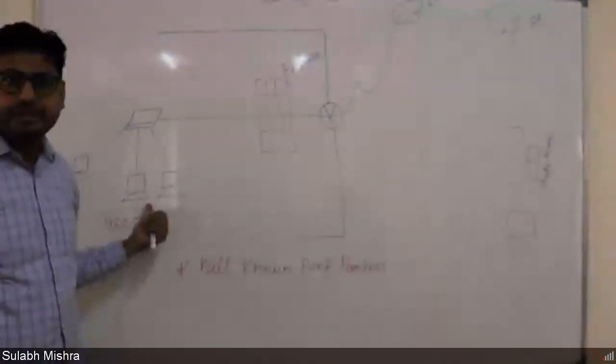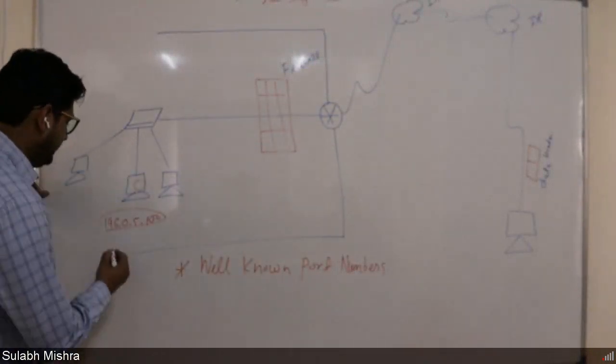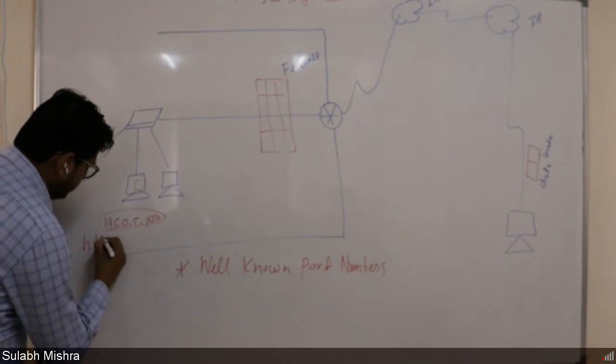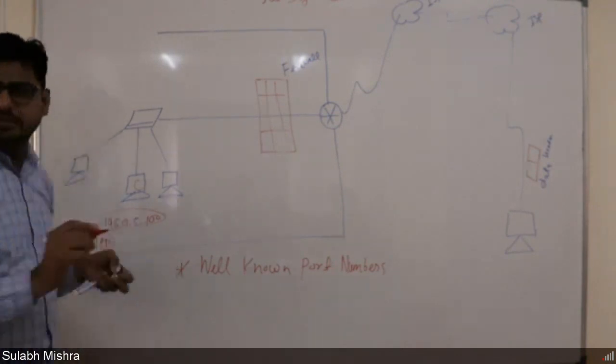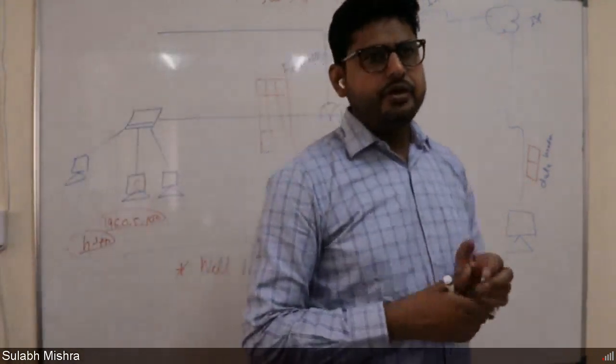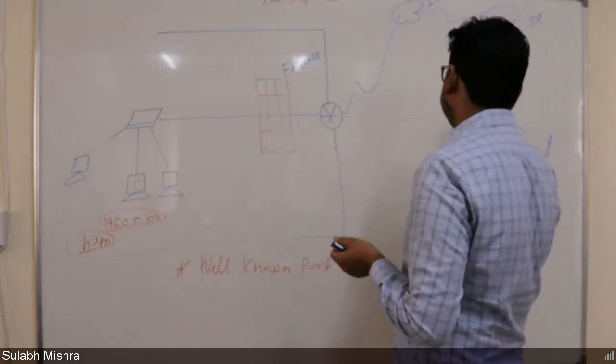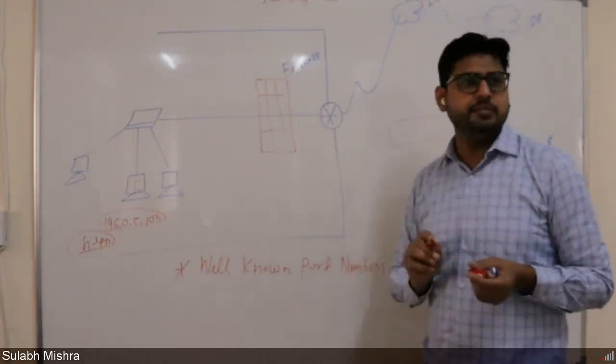Now since the website has to be accessed by outside users, there is HTTP. You know what HTTP is? HTTP and HTTPS. Whenever you are accessing any website, either it is HTTP or HTTPS.